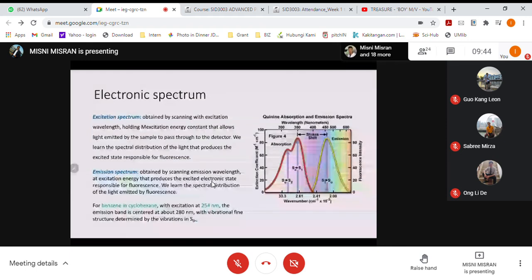Now, if you look at the spectrum, remember we were on the topic of the Jablonski diagram. You have the left-hand side, which is describing the electron excited from the ground state to the higher level. And then we're talking about the transition.